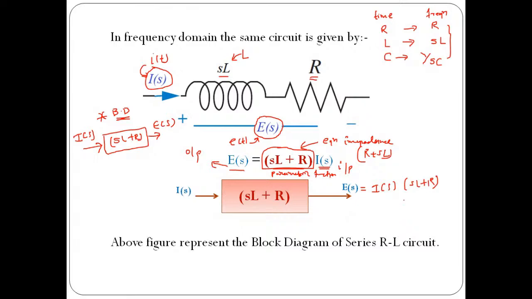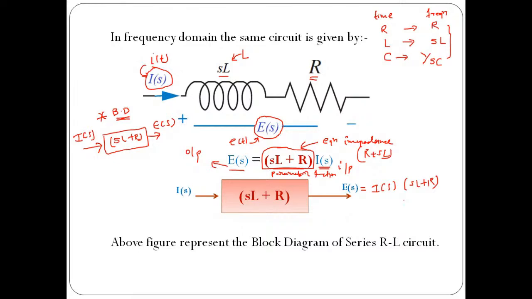I hope this point is clear to everyone, because this is very important and this is a very fundamental logic of how we can represent a system available in physical form into its equivalent block diagram.